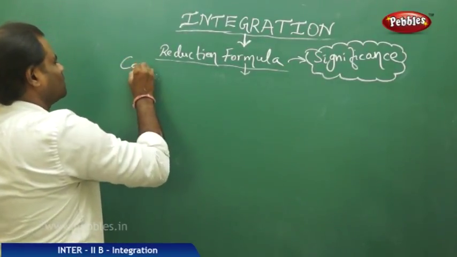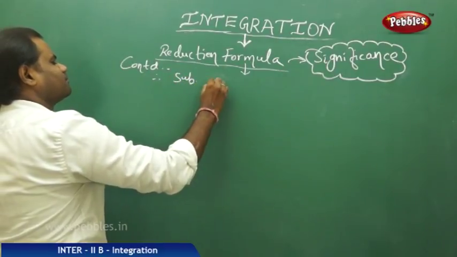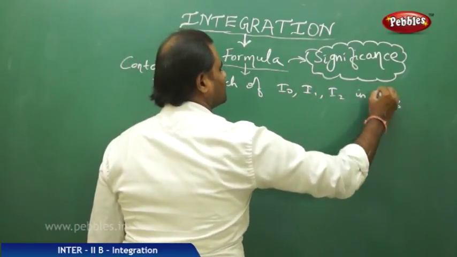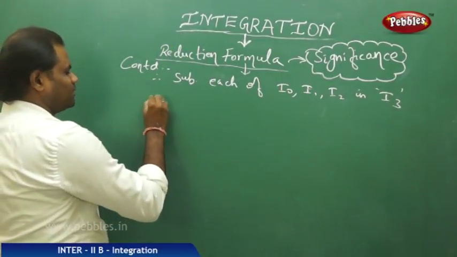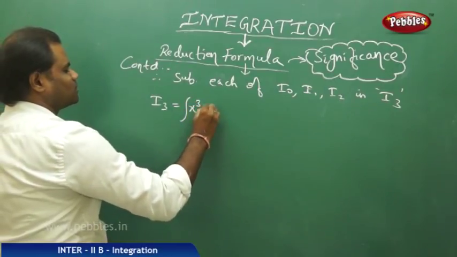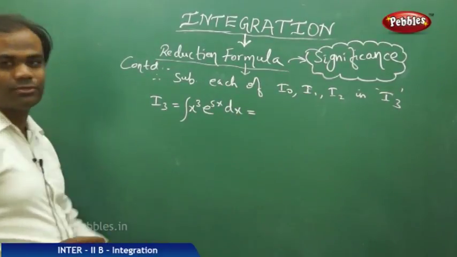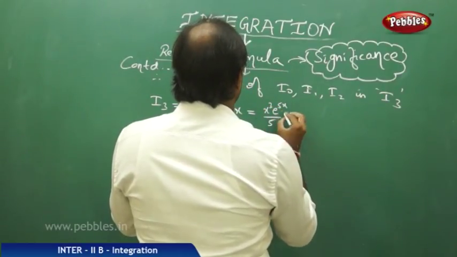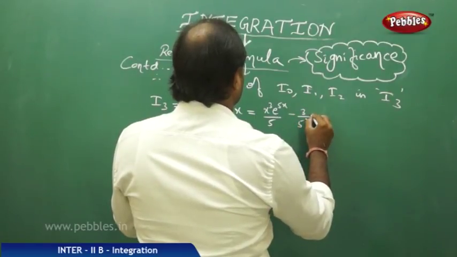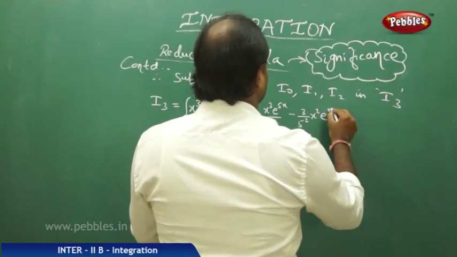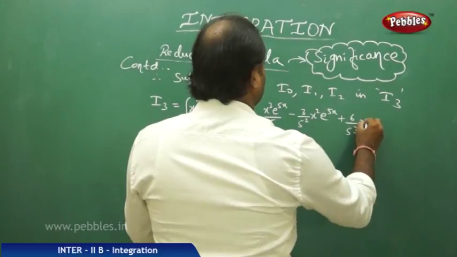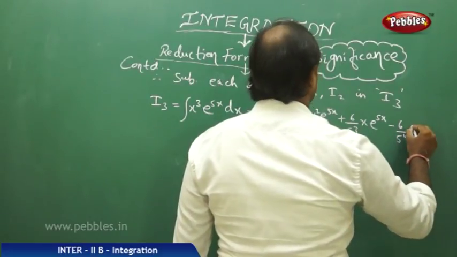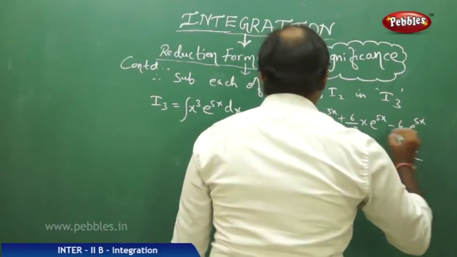Therefore, substituting each of I0, I1, I2 in I3, we get I3 equals the integral of x cubed e power 5x dx, with each substitution stepwise giving us the overall answer as x cubed e power 5x by 5 minus 3 by 5 squared x squared e power 5x plus 6 by 5 cubed x e power 5x minus 6 by 5 power 4 of e power 5x plus c.